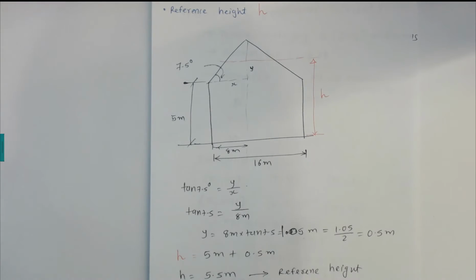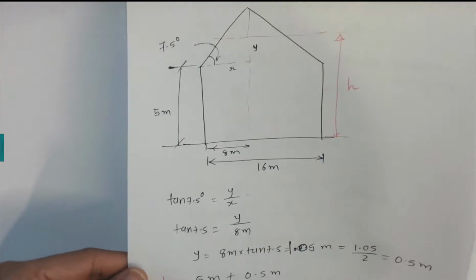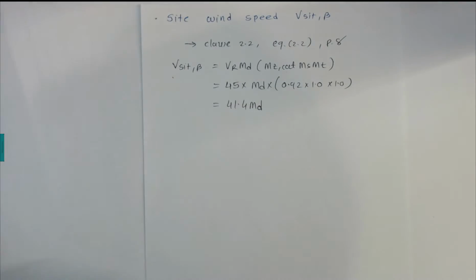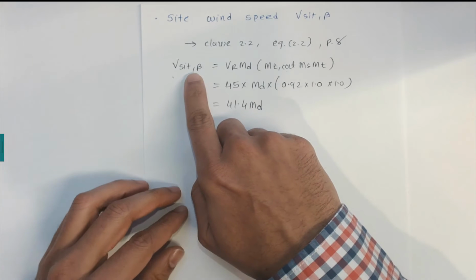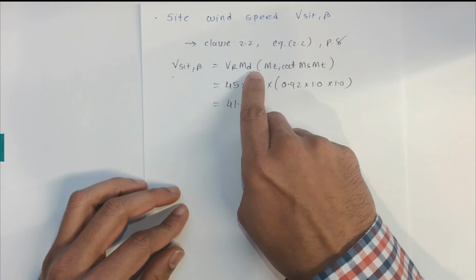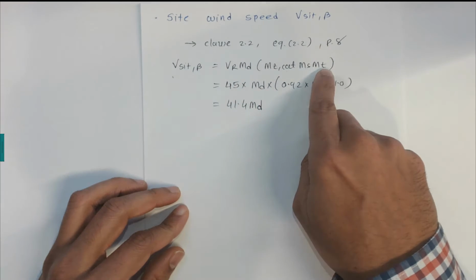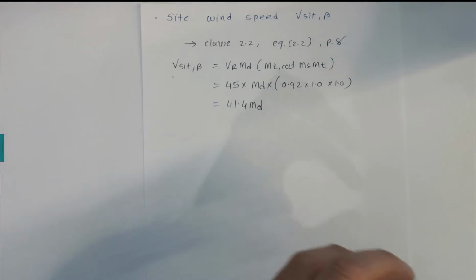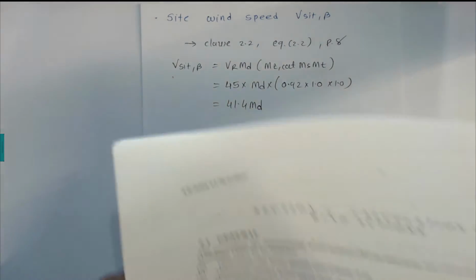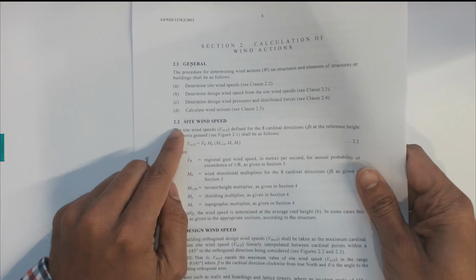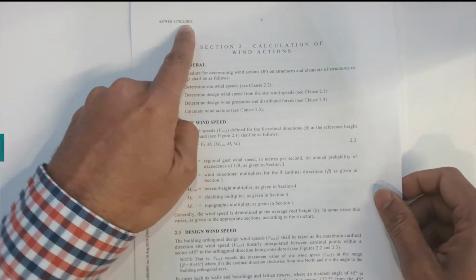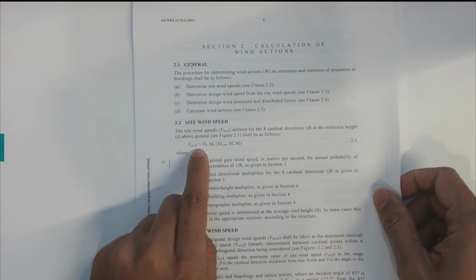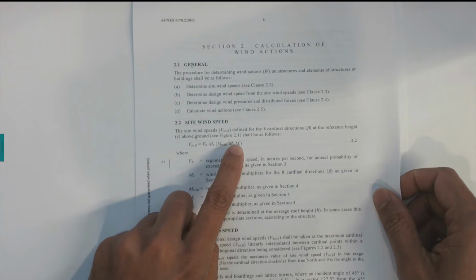First step, we need to find the site wind speed. We have an equation to find the site wind speed: V site, beta, is equal to VR, MD, M z,cat, MS and MT. These equations can be found in clause 2.2 of AS/NZS 1170.2:2011.